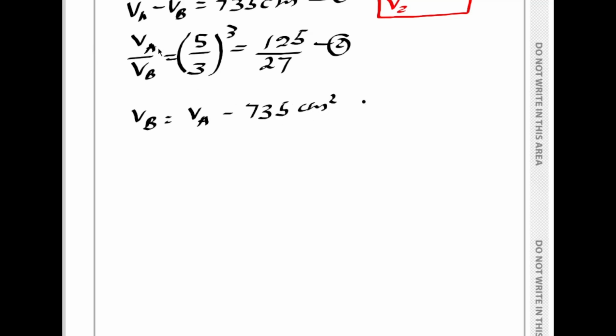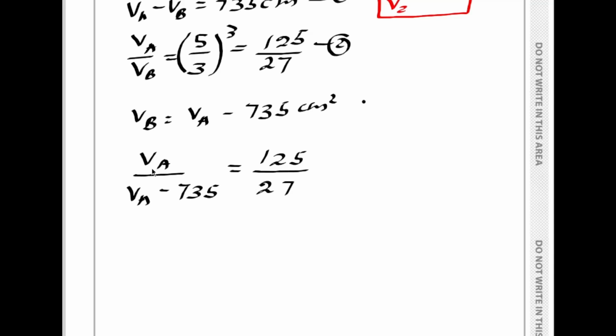Now I'm going back to the second equation. Instead of volume of B, I write volume of A minus 735, so volume of A over (volume of A minus 735) equals 125 over 27. Can you see now we are getting an equation with only VAs? Once we sort this, we can get VA. That's our goal, getting rid of volume of B.